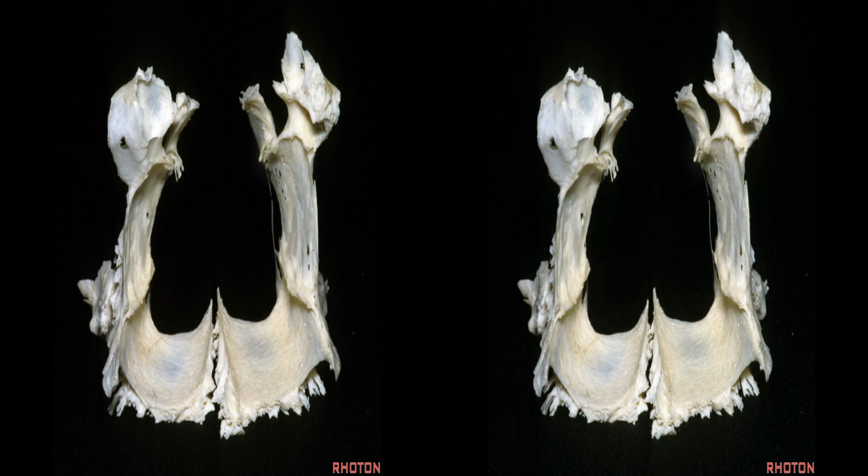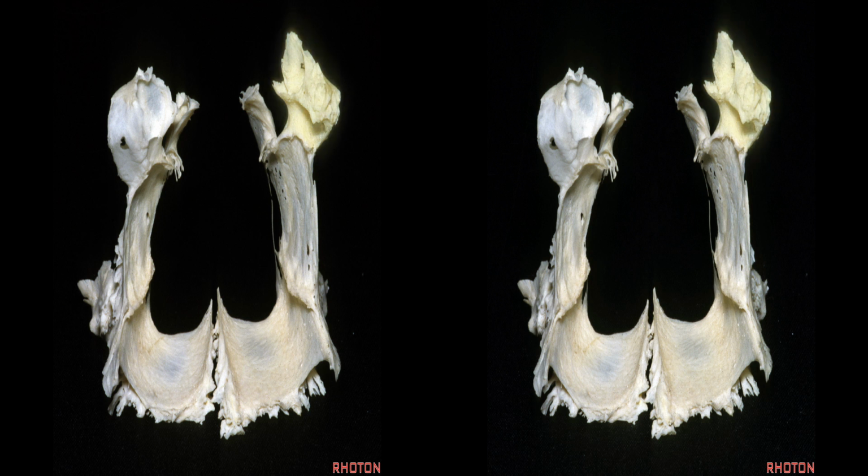And what attaches here below the sphenopalatine foramen that is in the lateral wall of the nasal cavity? That's the attachment of the posterior part of the middle turbinate. Here's the attachment of the posterior part of the inferior turbinate.